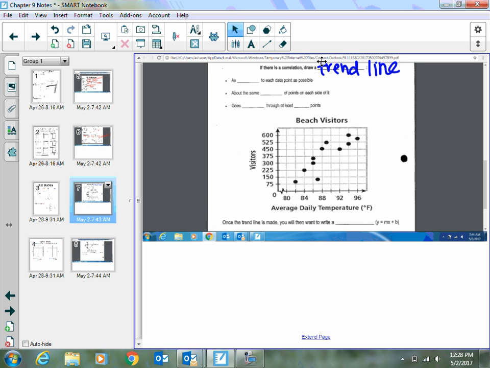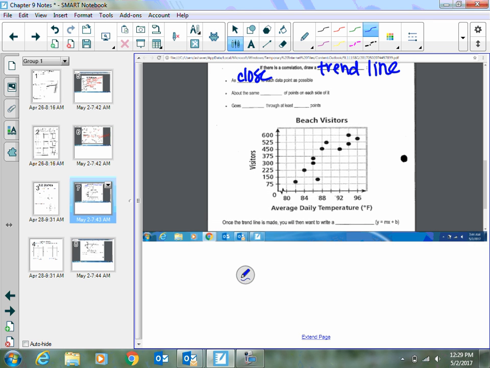All right, so when drawing a trend line, you want it as close to each data point as possible. Now it's a line. So you can't just sit there and connect all the dots because that's not a line. So that's not a trend line. A trend line just needs to be as close to many data points as possible.